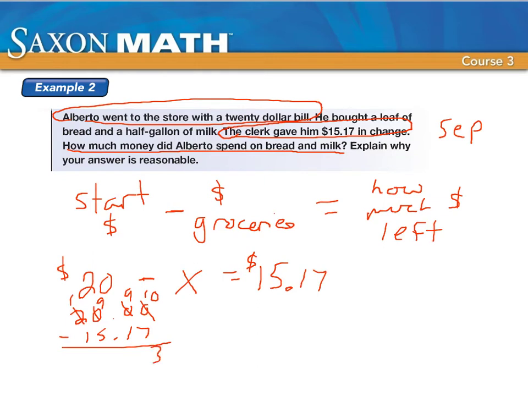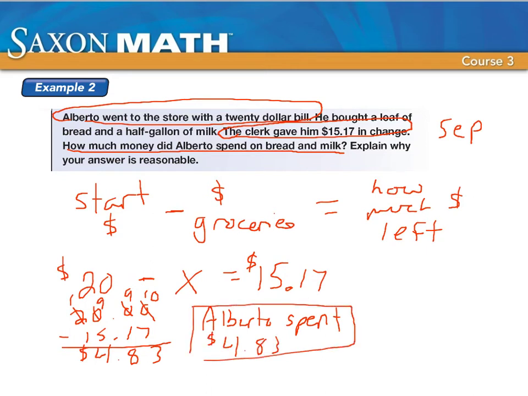So we get 3, that is 8, and that is 4. So $4.83. Okay, so I should say, got to answer the question. Alberto spent $4.83.